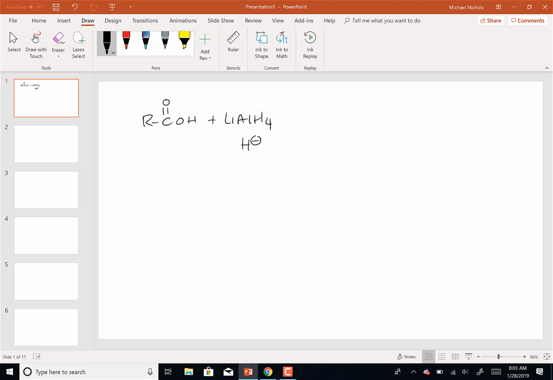And so when we reacted a carboxylic acid with R minus, what happened? Deprotonated. So the R minus or the H minus is going to come in and deprotonate that. So what we're going to end up with is a deprotonated carboxylic acid plus H2.